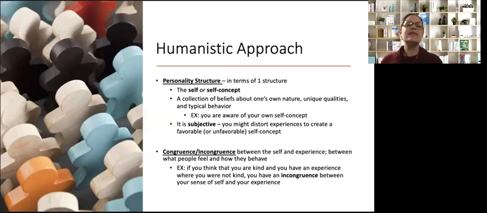And this can lead to a distortion of your experiences. So you can still reason that you are a kind person. You might distort that experience in some way, downplay it, or say, oh, well, this person did this, so that's why I said it. Whatever you need to do to bring the match back between your self-concept and the experience that you had, so that you can still say, I'm a kind person.